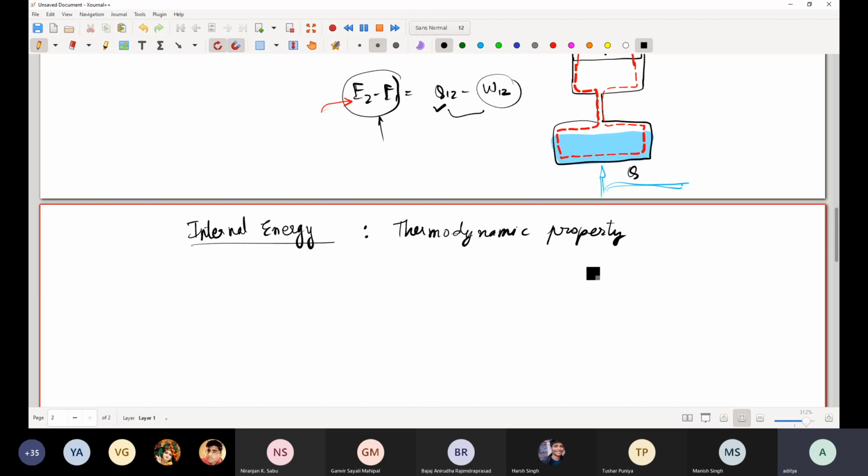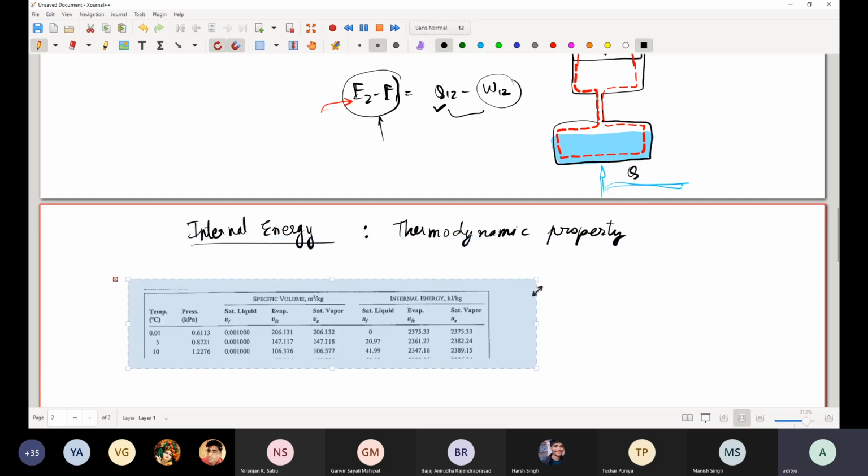You have already seen in the tables many times that internal energy is also listed, meaning you can also specify the state by using internal energy.